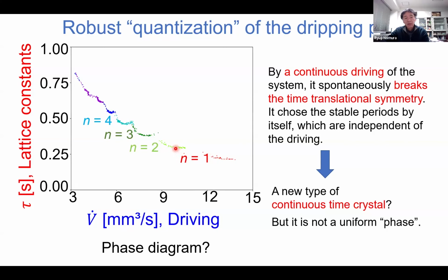The different stable values mean different stable phases of the time crystal with different lattice constants, and their stabilities are shown as a function of the driving. So this can be regarded as a kind of phase diagram for the time crystal. But I'm not quite sure such an interpretation is a good one, so I appreciate any comment on it.